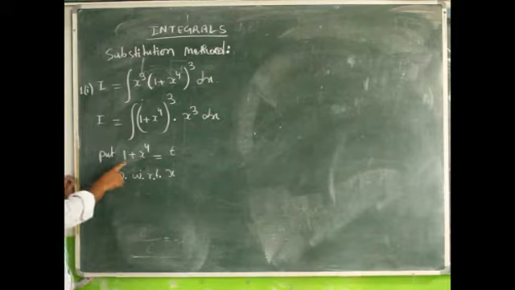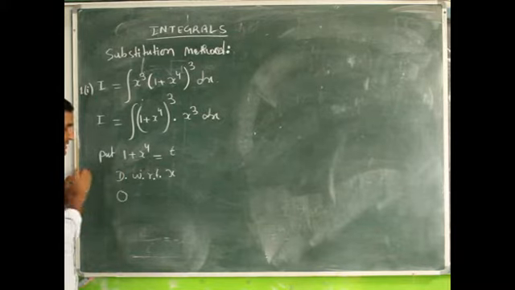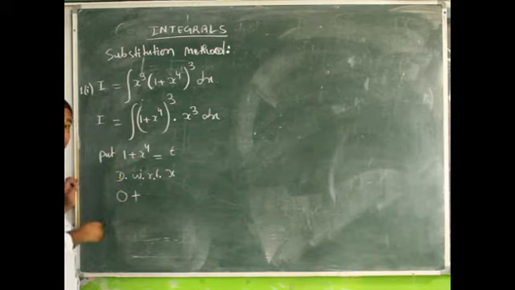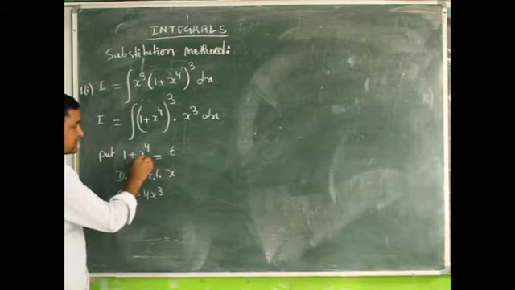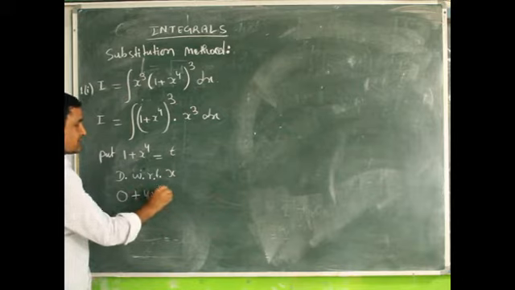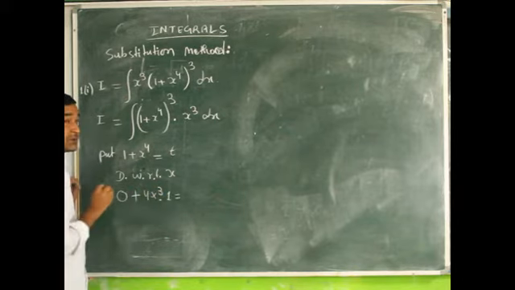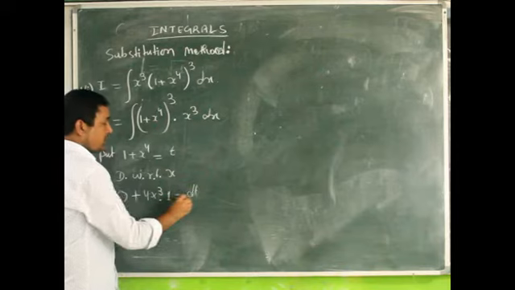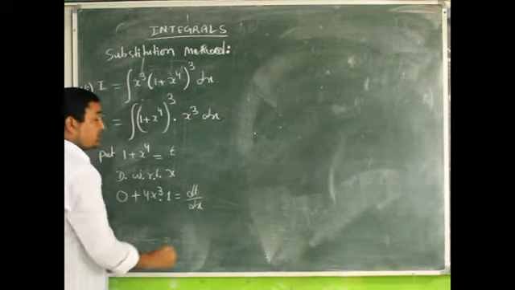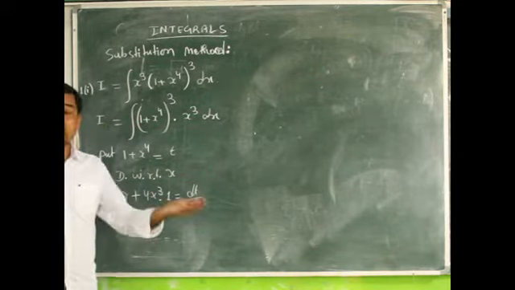The differentiation of 1 is 0, plus the differentiation of x to the power 4 is 4x cubed, and the differentiation of x is 1, equals the differentiation of t, which is dt by dx. I think you know differentiation very well because we already learned it.